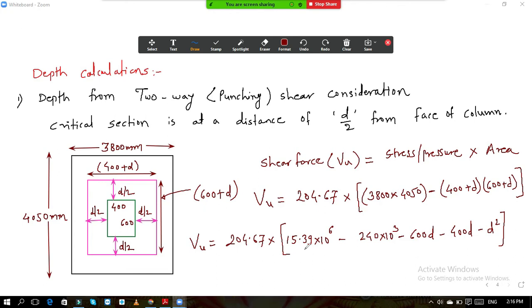So now multiply each and every term with this 204.67. So Vu is equal to, minus 600 minus 400 is minus 1000.